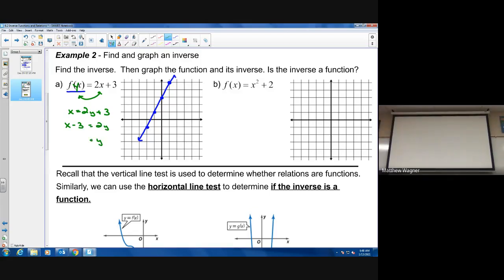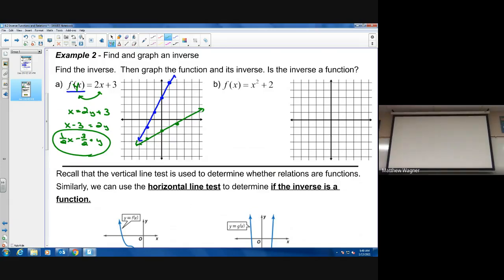So we wind up with y is 1/2 x minus 3/2. So minus 3/2 is minus 1.5. And then we go up 1 over 2, down 1 over 2.